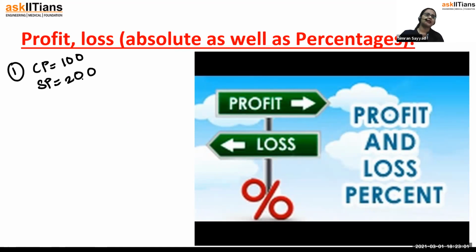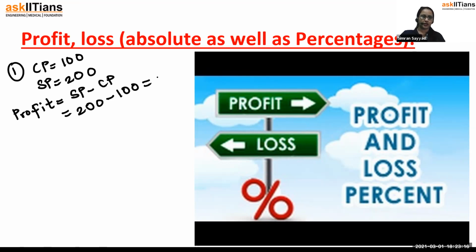Just by looking at this, you can see that the shopkeeper has earned a profit, but of how much? It is selling price minus cost price, which is 200 minus 100, which is 100. So he has got a profit of 100 rupees, and this is the absolute profit or loss.